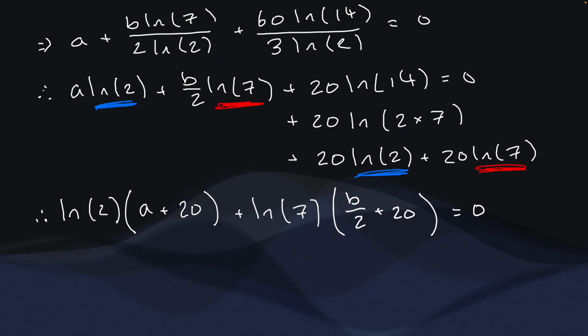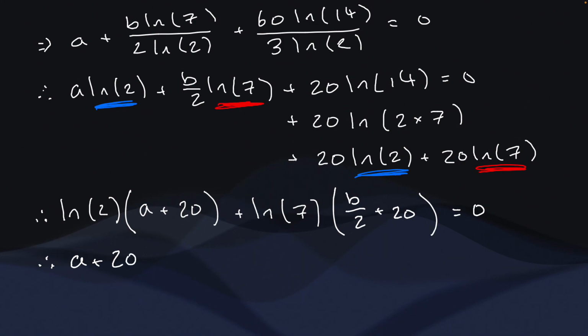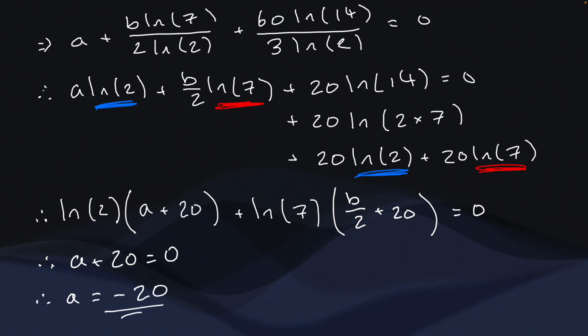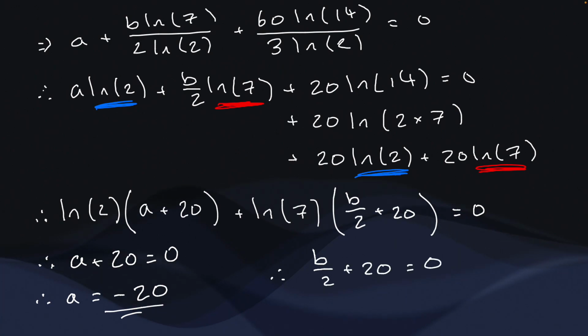So therefore, for our solution for A, we can say A plus 20 is equal to 0. Therefore, A is going to be equal to negative 20. That is our first solution for A. And now for our solution for B, we can say that B over 2 plus 20 is equal to 0.